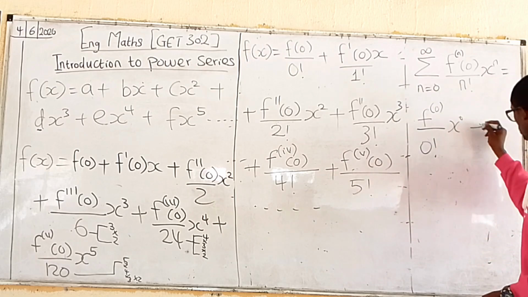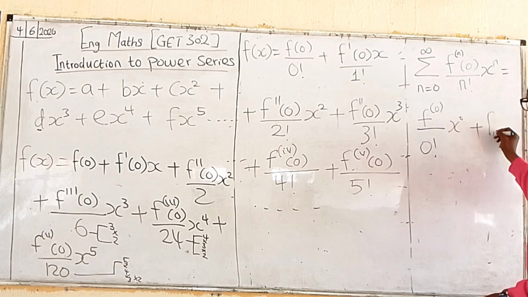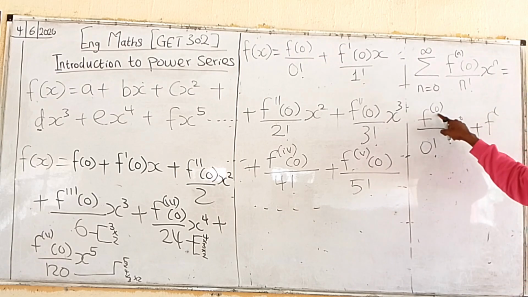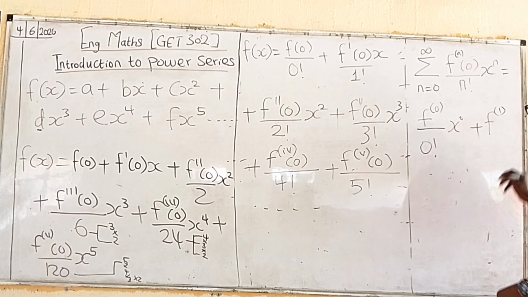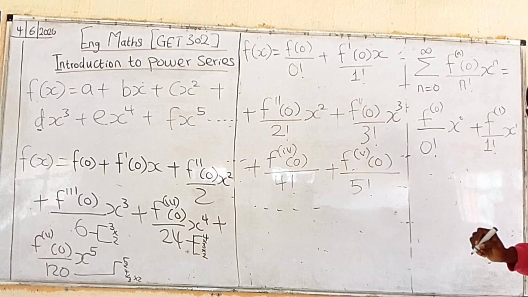Multiplied by x to the power of 0. Plus, the next value: what derivative will it be now? 1, that's the first derivative, right? Then all over 1 factorial, x to the power of 1. Are we following it?